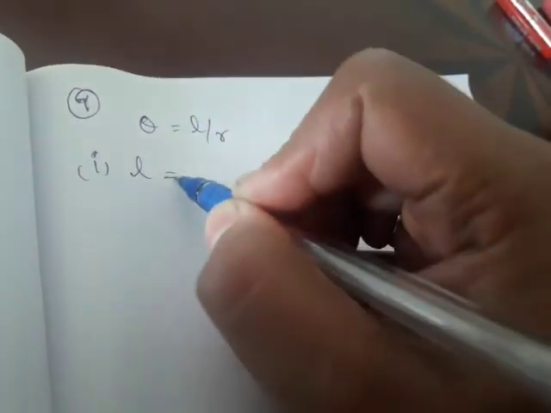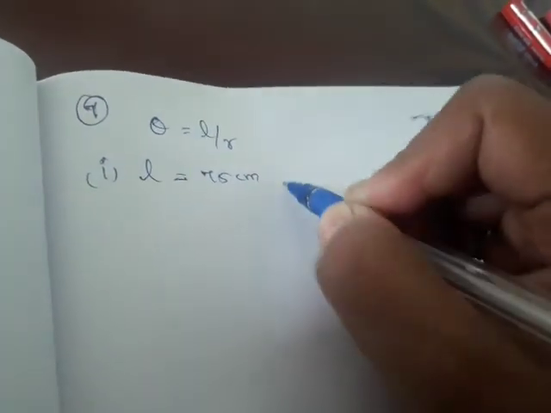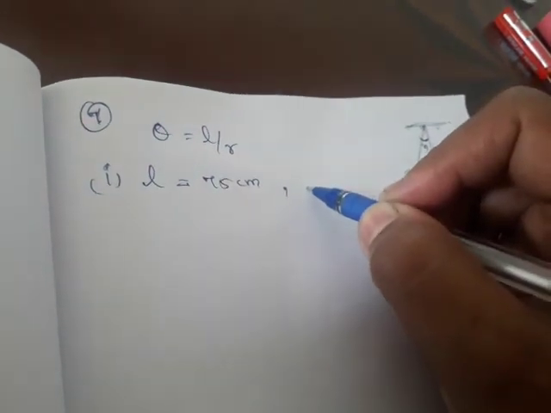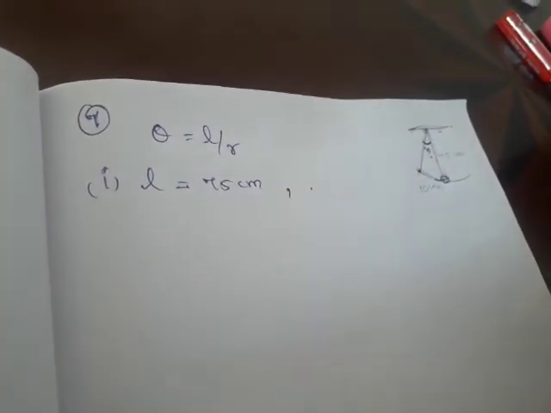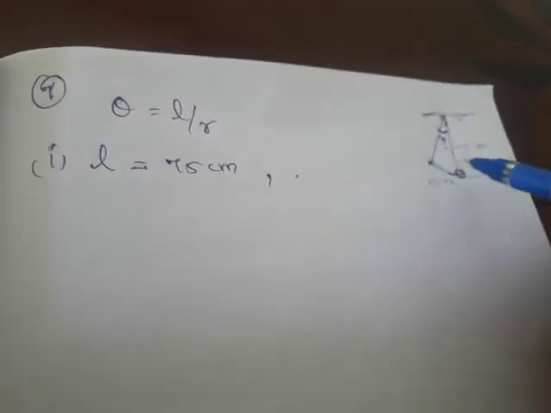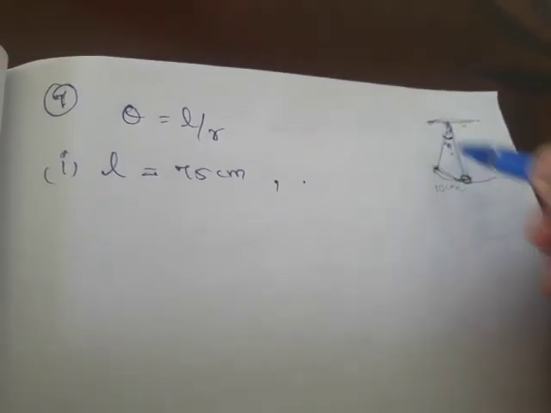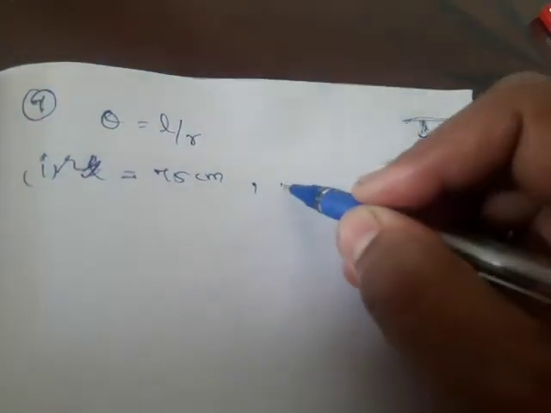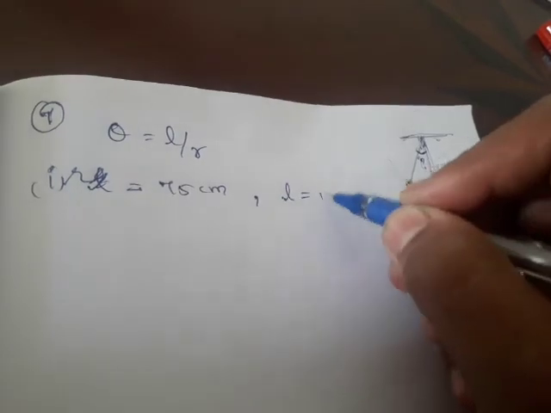So in the first subdivision, your L is going to be 75 centimeter and your what is it? Radius. I'm sorry, this is your radius and this is your arc length, right? So radius is 75 centimeter and your arc length is 10 centimeter.